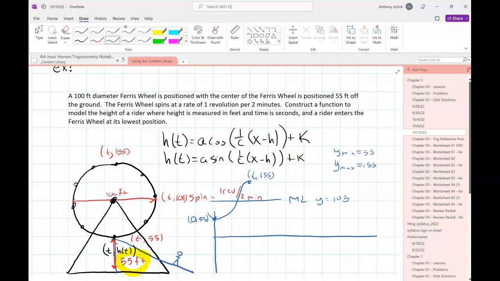So you guys see that okay now? If I translate it to a graph, it makes more sense, right? Because it's not halfway in between 55 and 155? The halfway point in between is 105, right? Because you have to add 50. So this is our amplitude. Everybody agree with that?